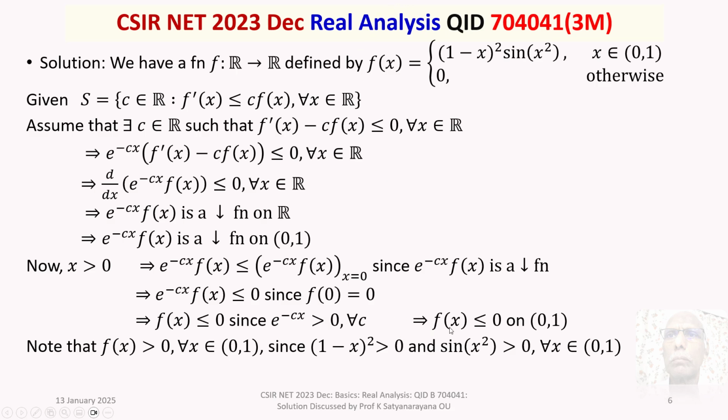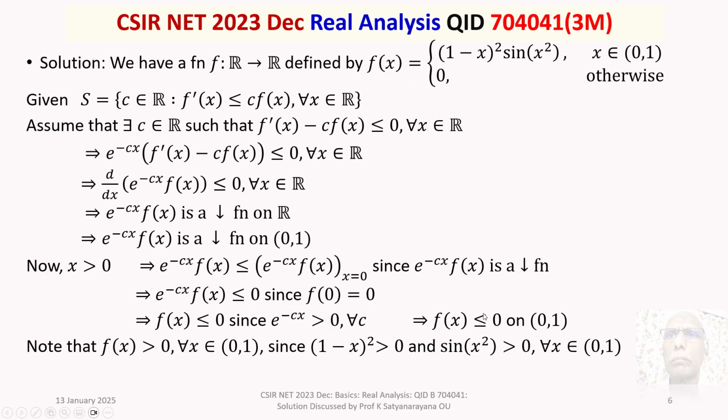Now we have got two conclusions. One is f of x less than or equal to 0 for all x in the open interval 0 to 1. The other is f of x greater than 0 for all x belonging to 0 to 1. This greater than 0 is a fact because it is coming from the given function definition.